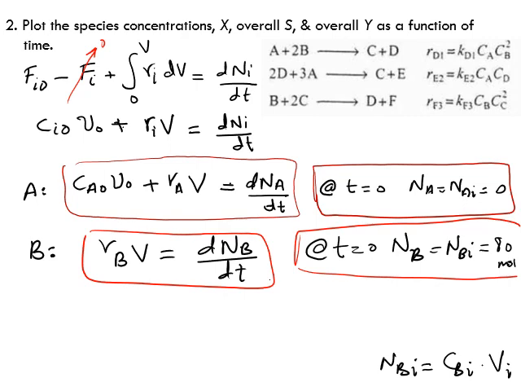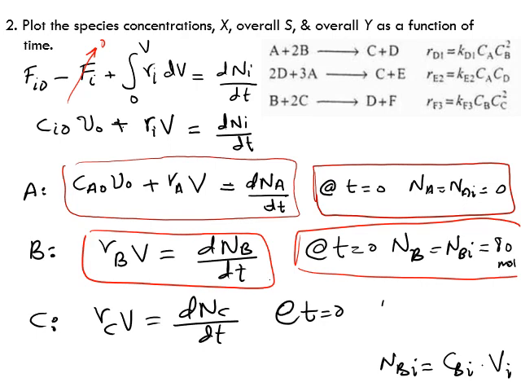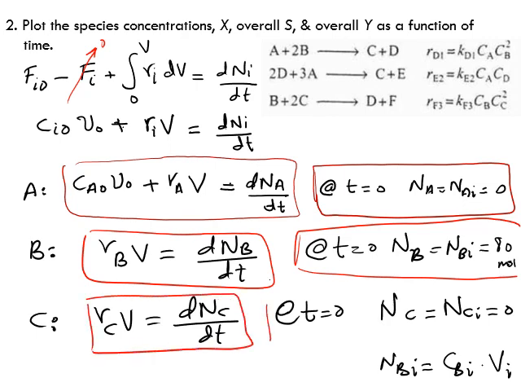Let's do one more reactant, let's say C. For C, we have RC times V equals dNc divided by dt, and at time equals 0, NC equals NCI, which equals 0, because at time 0 we don't have anything in the reactor except for B. Again we're going to frame this because we're going to enter it into the software.